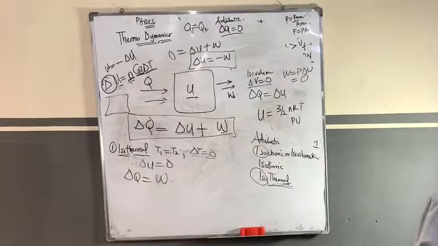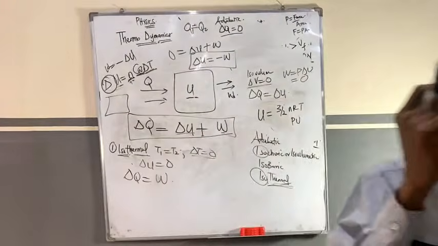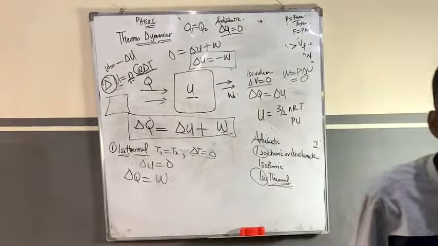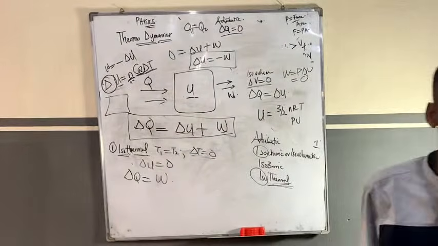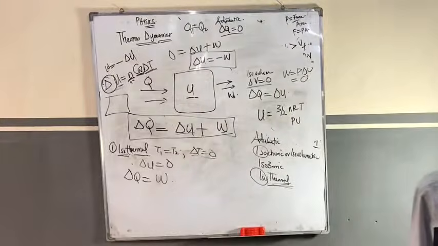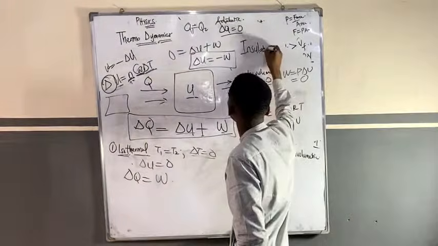If the cylinder was insulated, calculate the change in internal energy in joules.